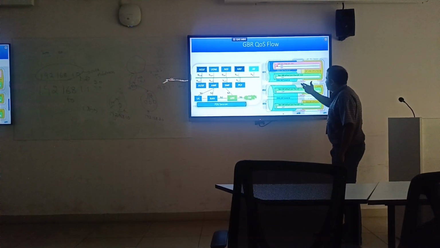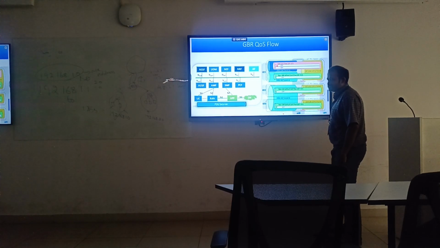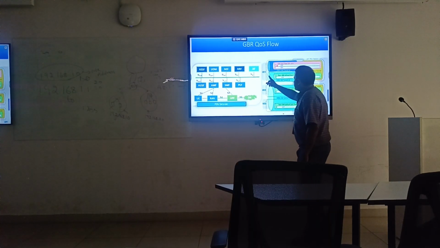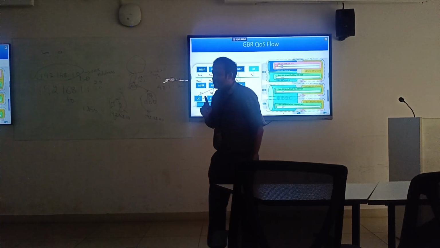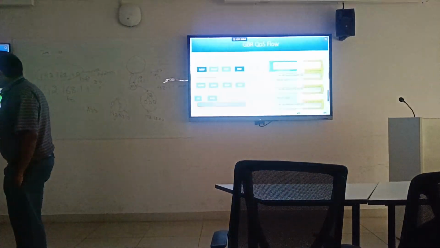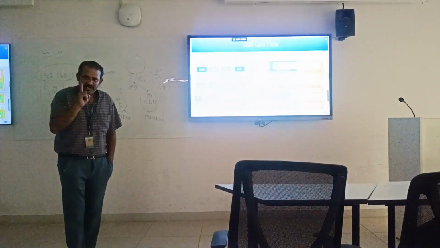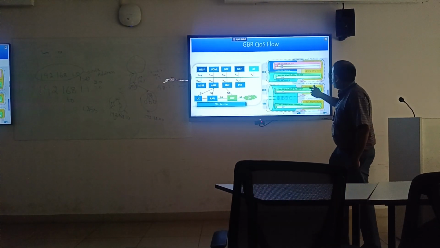So with this diagram, can anyone identify what they have given here? Now, I told you, right, how many PDU sessions are created for the user? One. For a single user, it can create only one PDU session. Correct? So how many users have they given here?